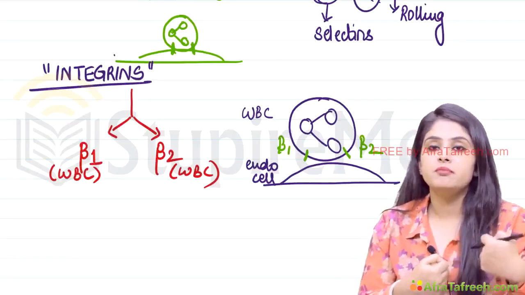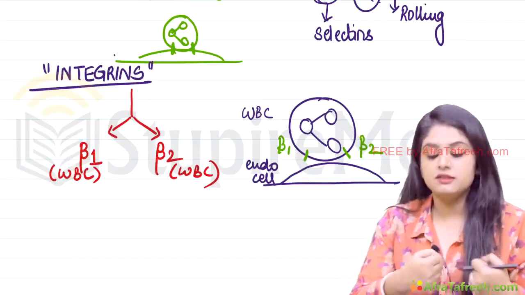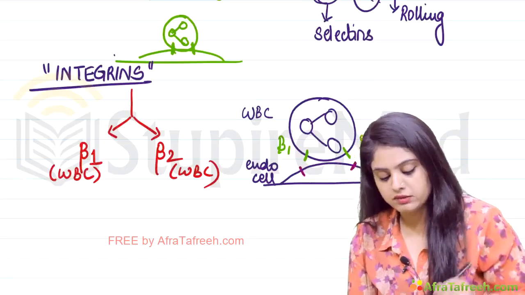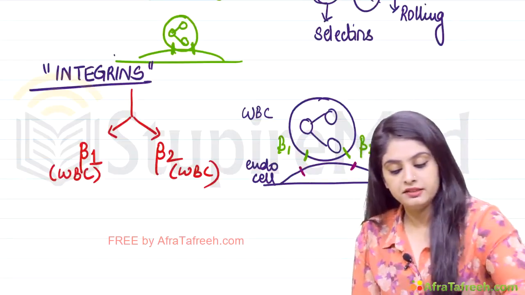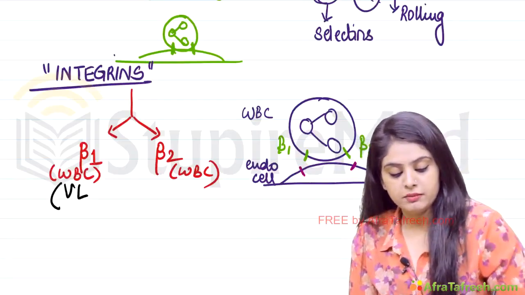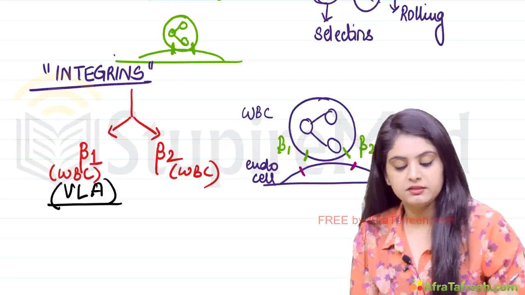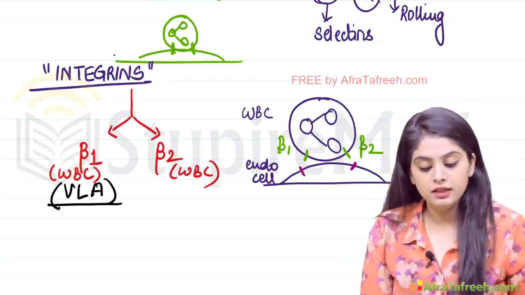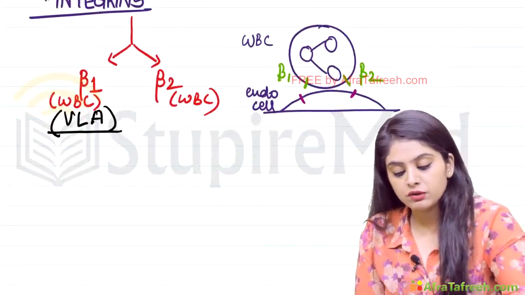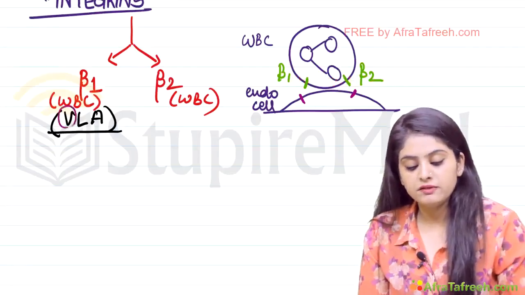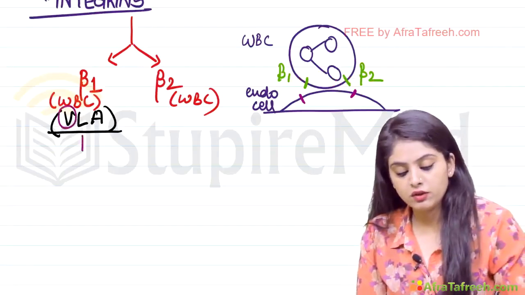So if WBCs have beta 1 and beta 2, what does the endothelial cell have? The endothelial cell also has two corresponding molecules. Let's read these. First of all, beta 1 integrin is also given the name VLA. As I said, there are certain things we need to mug up. Beta 1 is also known as VLA. But in our process of mugging up, we are also going to find tricks to memorize. Since beta 1 is known as VLA, what is the corresponding molecule on the endothelial cell?